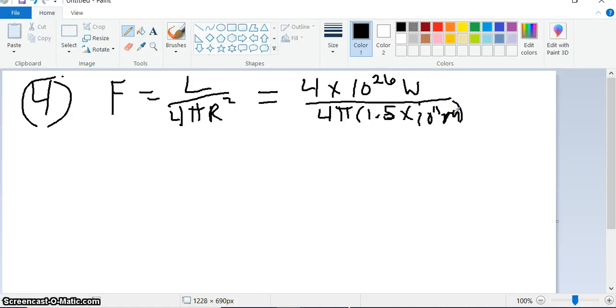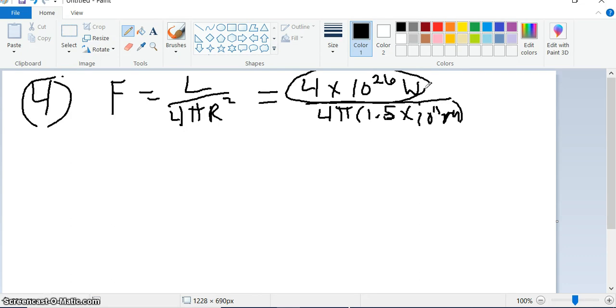The solar constant is the luminosity of the sun, which is 4 times 10 to the 26th watts, divided by the surface area of a sphere with radius the distance from the Earth to the sun.